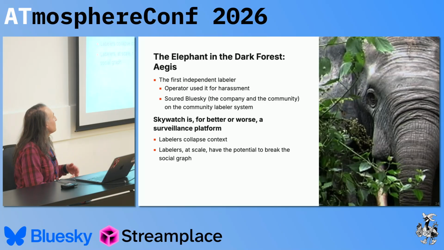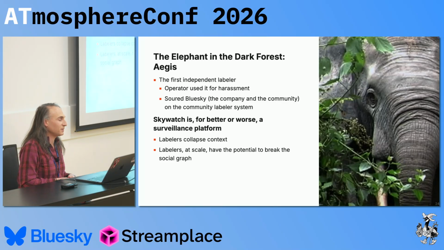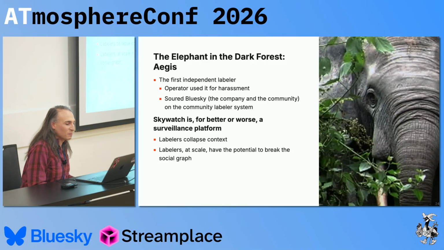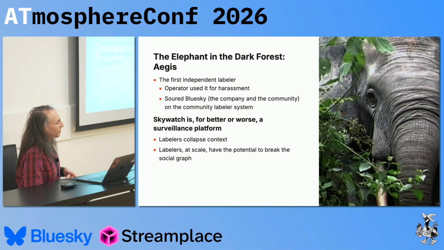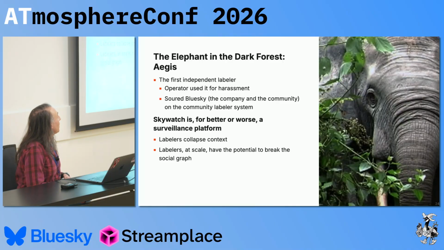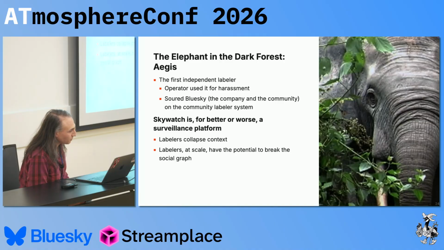And this is kind of a tortured metaphor because I was going for the elephant in the room plus the dark forest, and I don't necessarily want to cast aspersions on elephants. But I think we do need to talk a little bit about Aegis. If you don't know what Aegis was, it was one of the first independent labelers. The operator ended up using it for harassment, and I think it soured Bluesky, both the community and the company, on the community labeler experiment for a while.